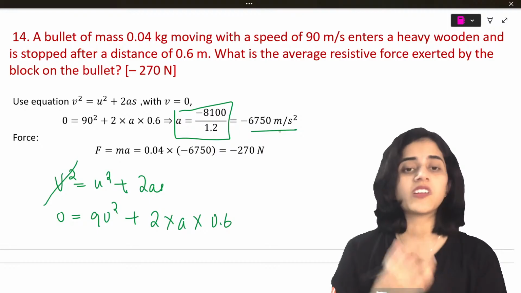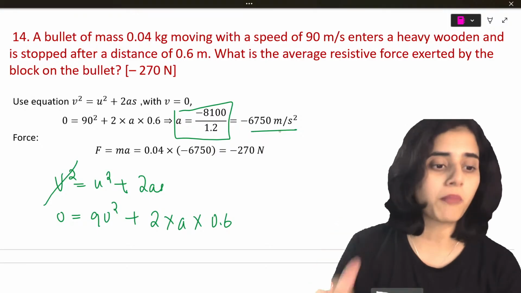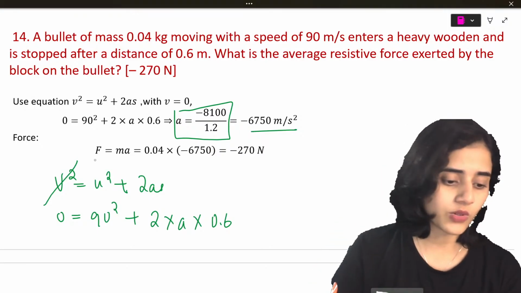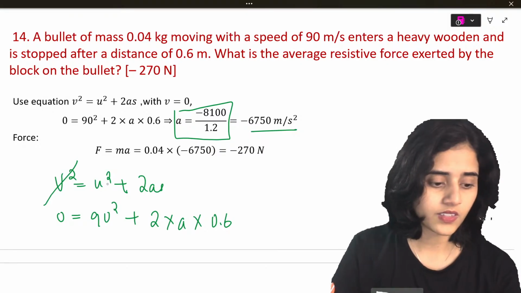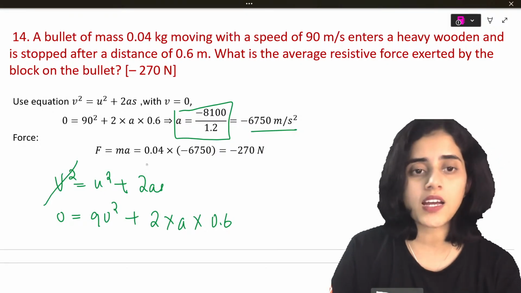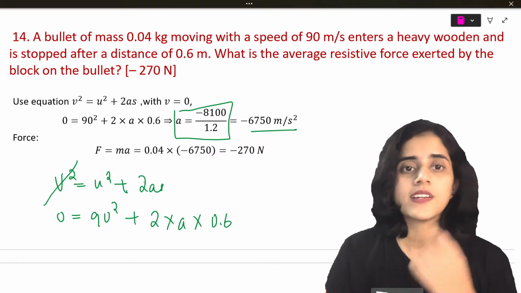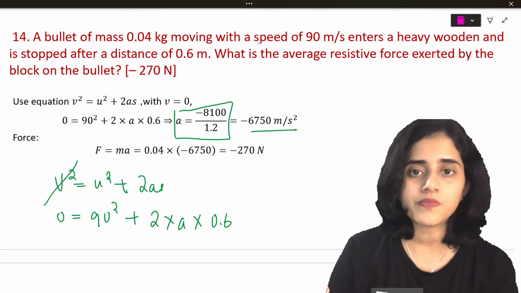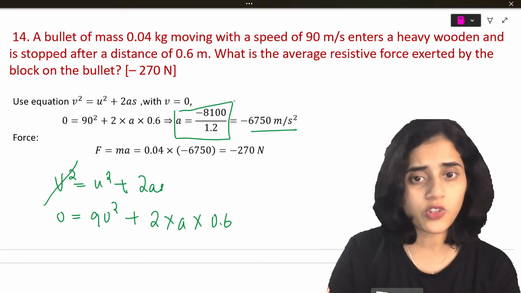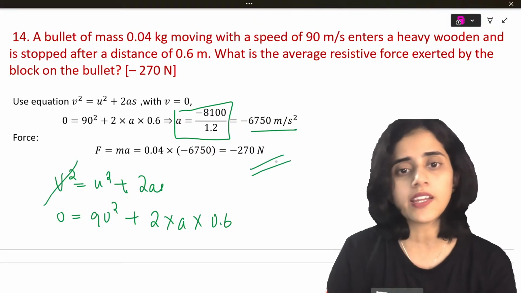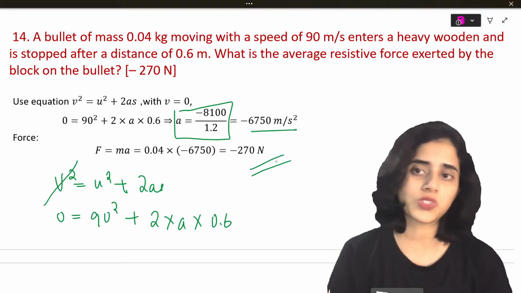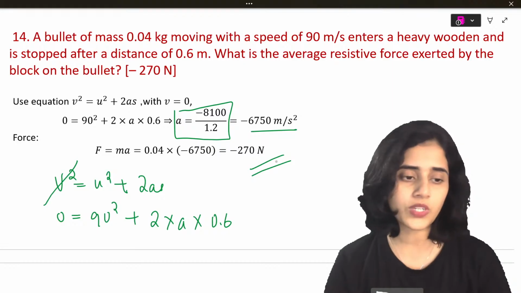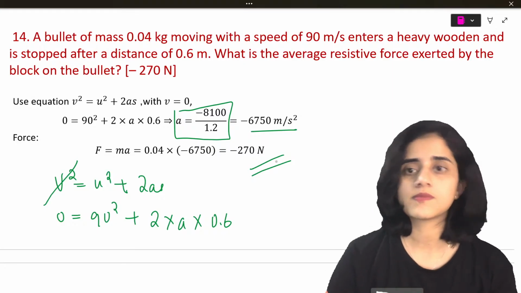But the question is to find out force. So force is what? Mass into acceleration. So mass will be 0.04 into acceleration. You will get 270 newtons. Okay?